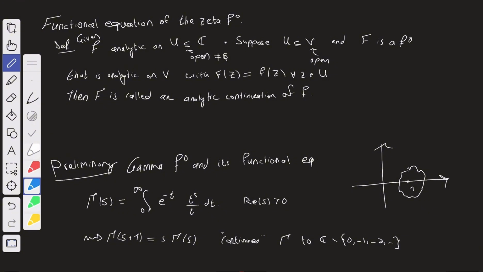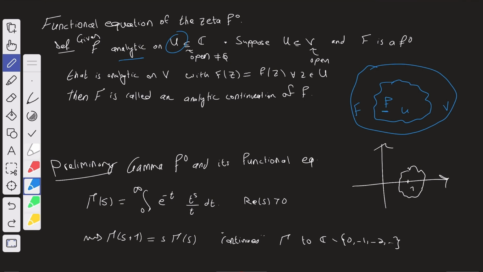So let us start by just recalling a definition from complex analysis. If you have a function that is analytic and defined on an open set U, and we have another open set, say V, and say we have little f defined on the smaller open set U, then a function big F that is defined on V and that equals little f on U is called an analytic continuation of f.